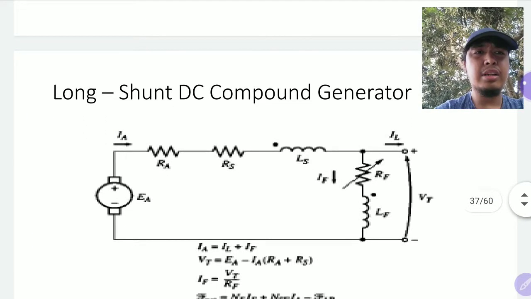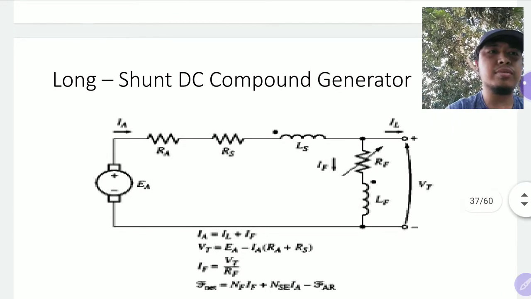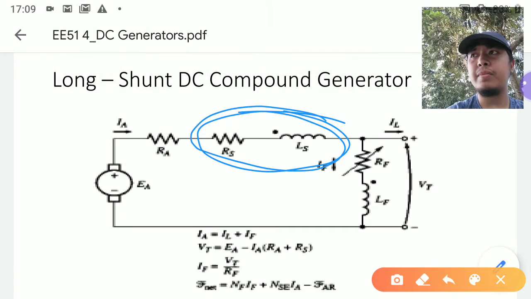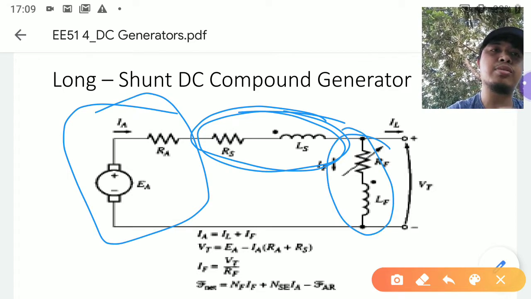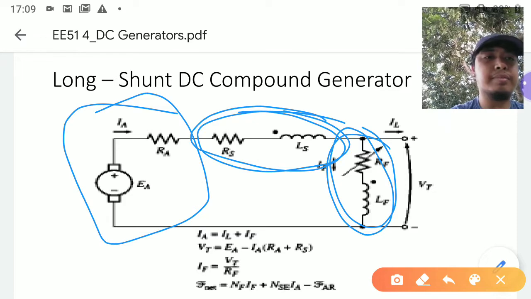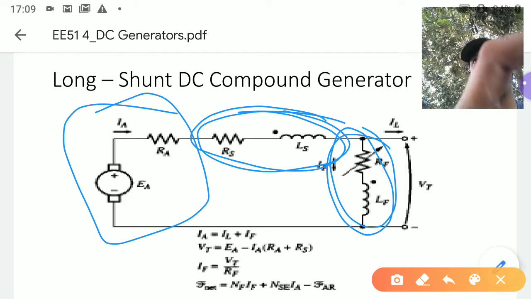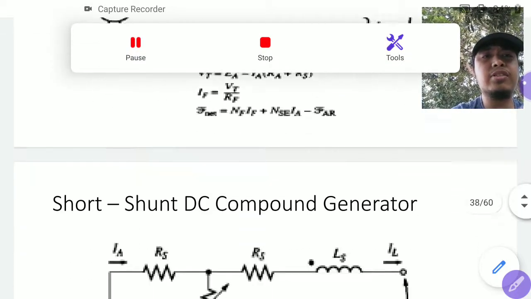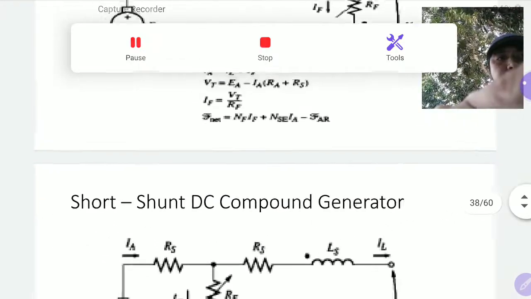Long shunt is when you have a series field in series to the armature, and then the series combination of that is in parallel to another field. I guess the advantage of this is that you have two sources of magnetic fields. Usually I think this is more common. This is easier to do.